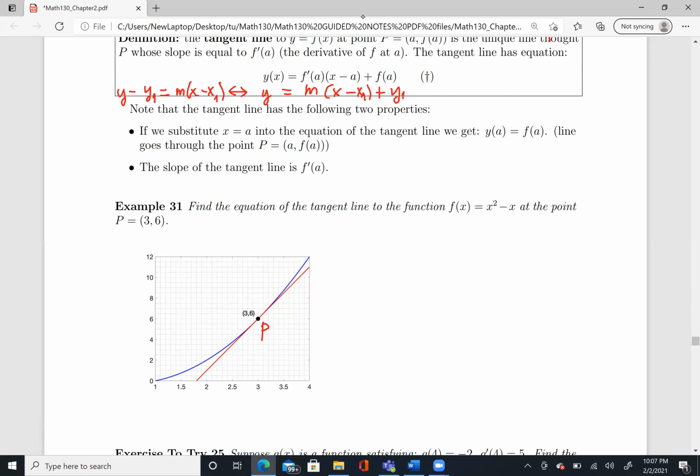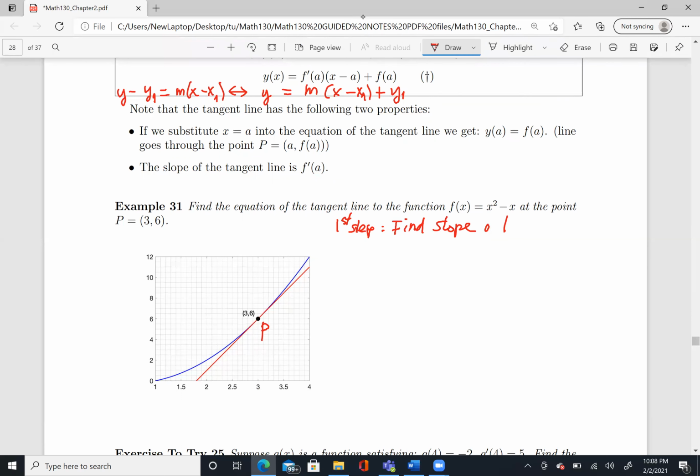So at first, the first step is to find the slope of the tangent line at point P 3, 6.